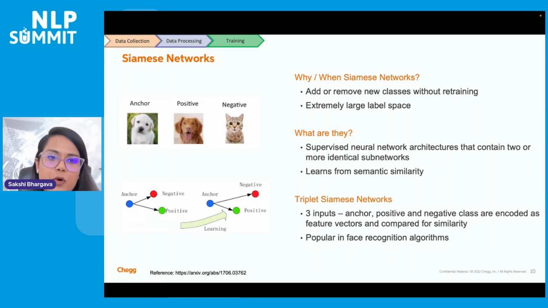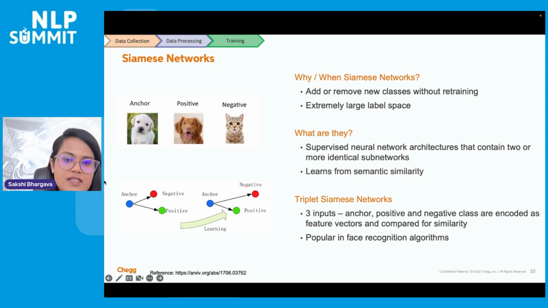So the anchor and positive usually belong to the same class, and negative is a different class. The idea here is to learn distributed embeddings representation of data points in a way that contextually similar points are projected close by to each other in the latent space and in the vector space, and the negative and the anchor are just far off from each other.